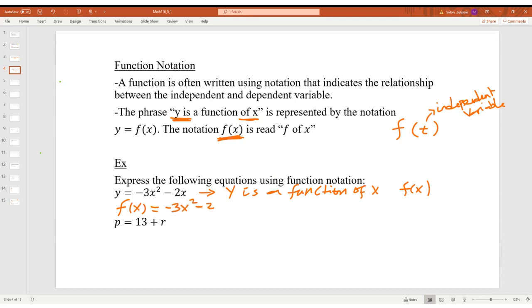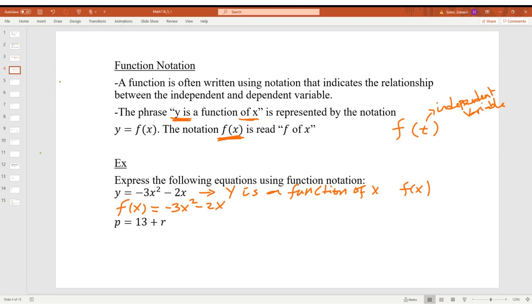That's how you write it in terms of function notation. I changed y into function notation f of x. Later I'll show you why we choose to write it in function notation. It helps you identify the different functions.